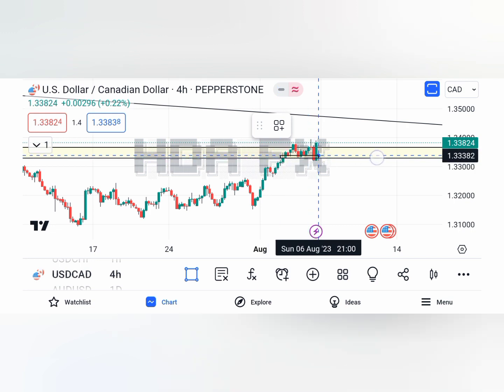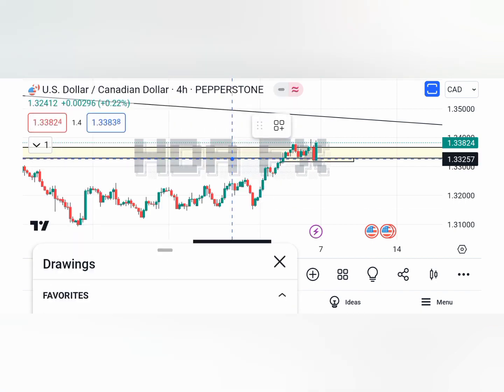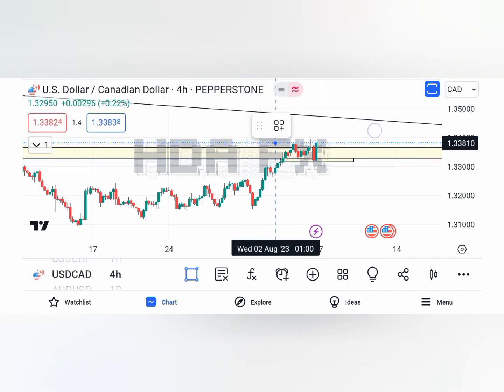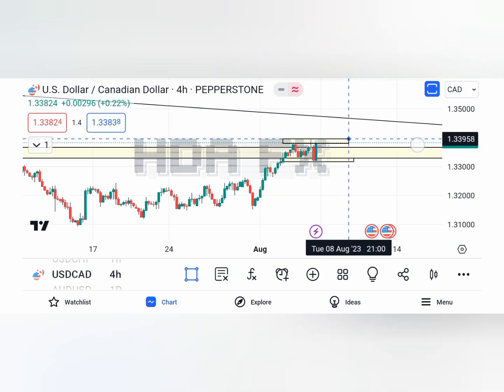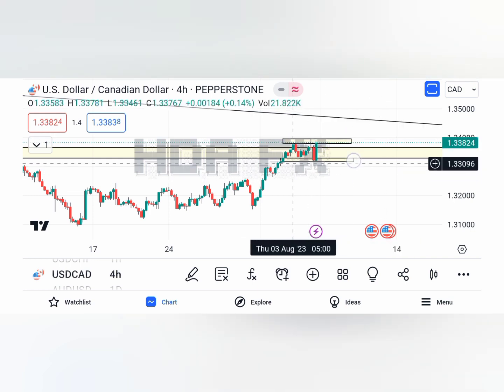Price is moving within this zone here, and this zone here. So price is moving between this zone here and this zone here.